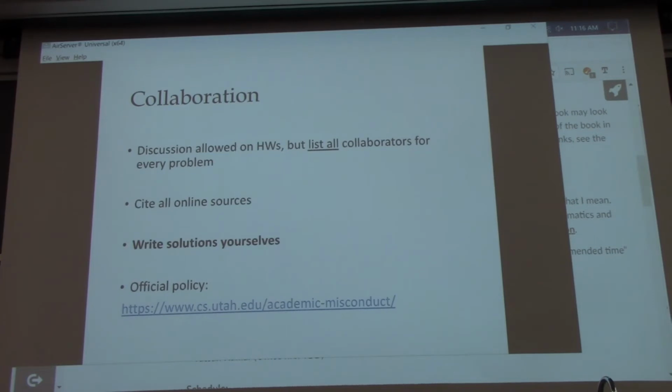Okay, so the final technical thing is collaborations. This is a graduate class, so you are allowed to essentially talk to your friends about the problems. Problems will be fairly difficult, so start your homework early. You can talk to others, but you've got to list all collaborators for every problem.